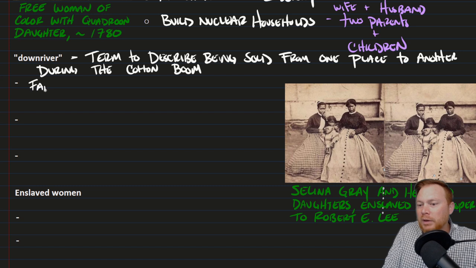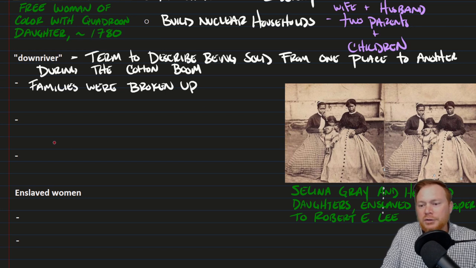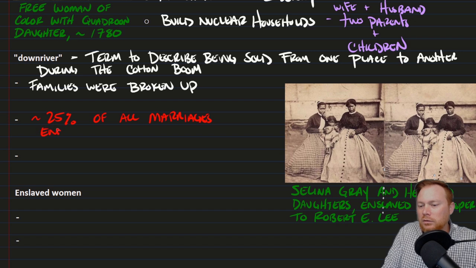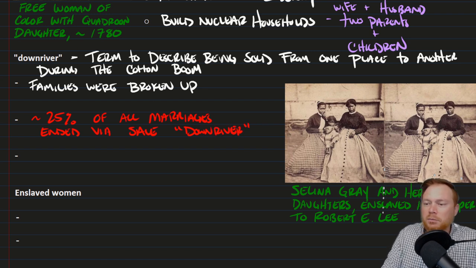So what can we say about it? One of the impacts was that families were broken up at a much higher rate than previously. For example, about 25% of all marriages ended via sale, or downriver. So these very important cultural institutions like families and marriages were now being threatened by the cotton boom.